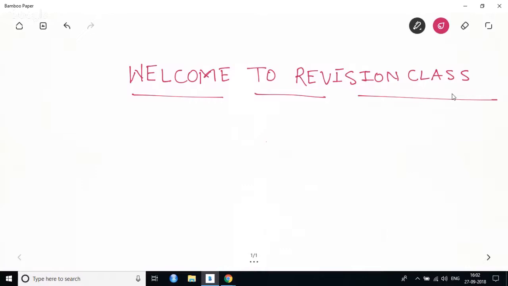What I'll do is, okay, Shraddha, I'll take, I'll try to solve a few questions from there too. But before that, I would like to solve a few questions from quadrilaterals also, because quadrilaterals is something which we haven't done that much.